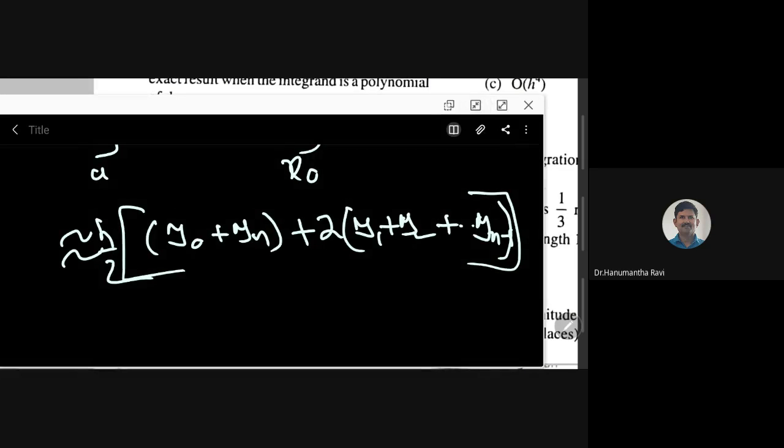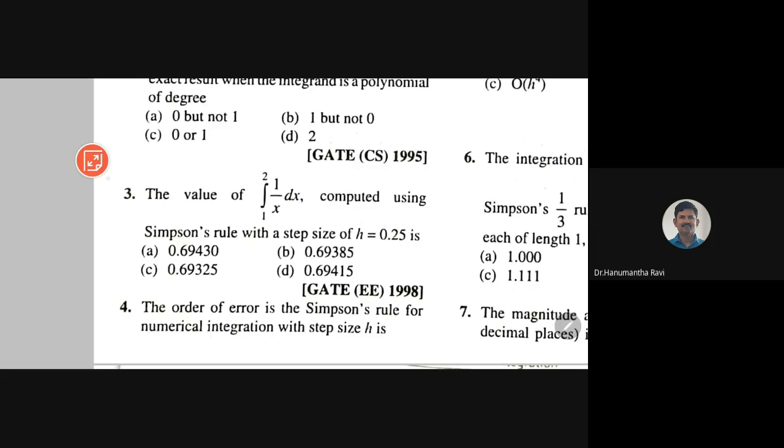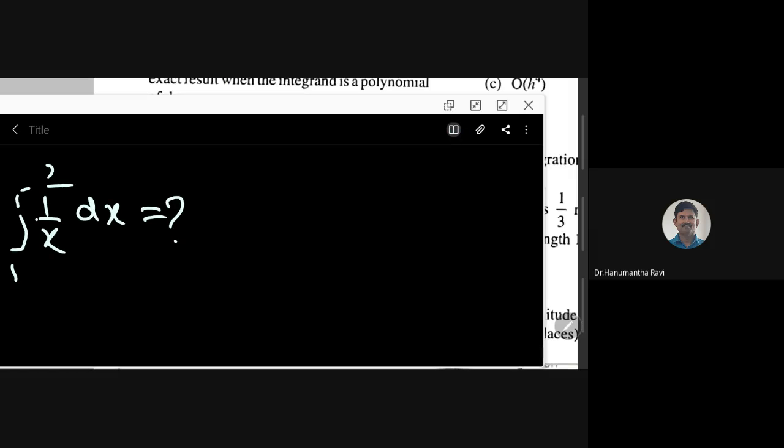The integral from 1 to 2 of 1 by x dx, Simpson's rule we are talking about. So what you need to do here?